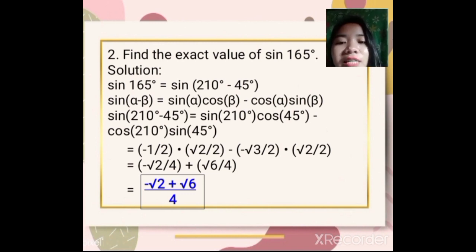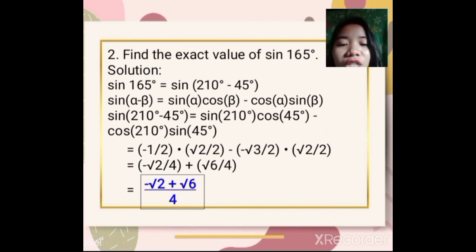We have sine (210 degrees minus 45 degrees) is equal to sine A, which is 210 degrees, cos B, which is 45 degrees, minus cos A, we have 210 degrees, and sine B, which is 45 degrees. So let's substitute the values.